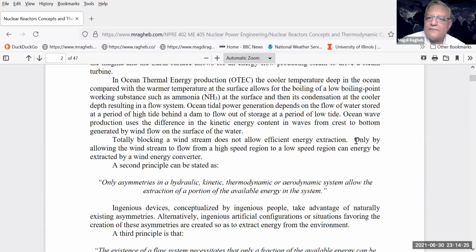And in wind power production, which is an aerodynamic system, you slow down the wind. You brake part of the wind from the front, upwind of the wind turbine, to a lower speed on the downwind part of it.